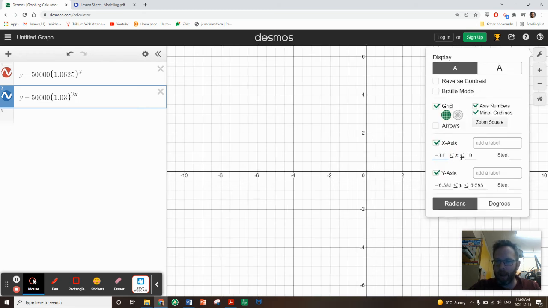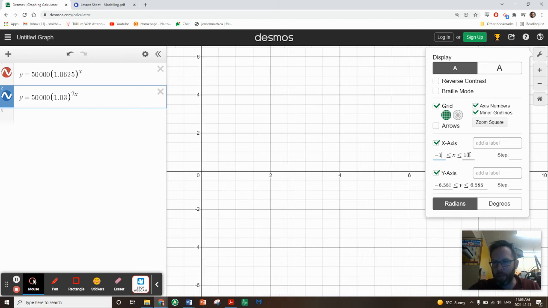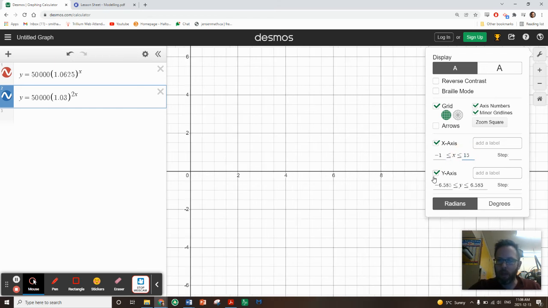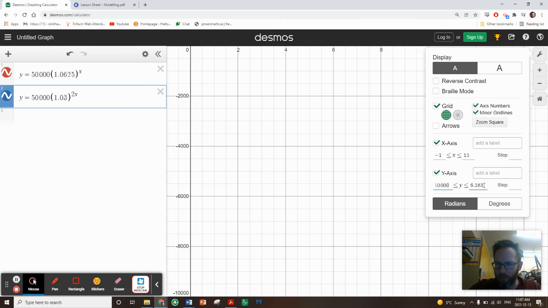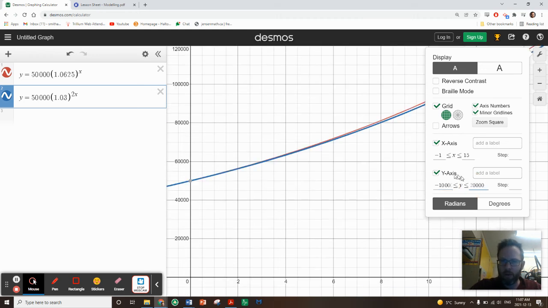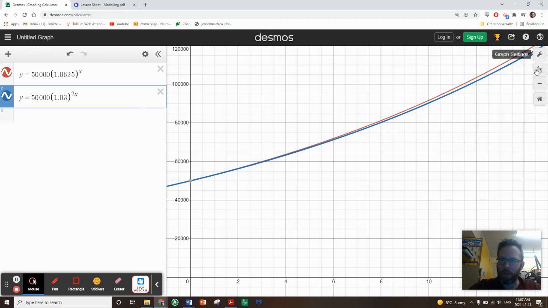I'm going to go from my x-axis from -1 up into maybe 15 because both of them reached 100,000 between 11 and 12 years. That should give me a spot to see that. And then let's go, how about -10,000 up until 120,000. That shows everything pretty clear.